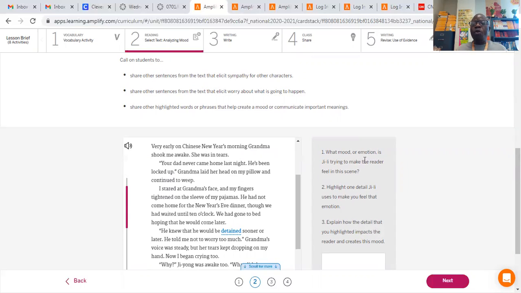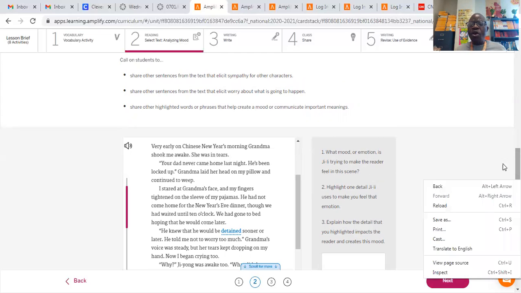What mood or emotion is Gilly trying to make the reader feel in this scene? What is the mood? What is the emotion Gilly makes the reader feel in this scene upon reading this passage? So, number one. Number two, highlight one detail Gilly uses to make you feel that emotion.